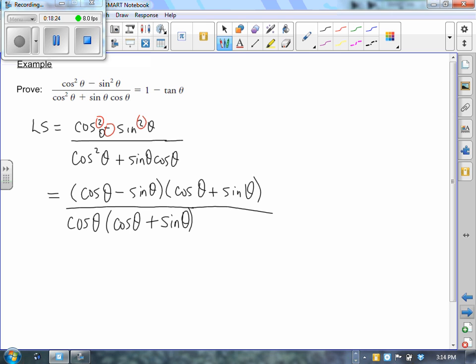The good news here is that once you have factored, and always only after you have factored, can we reduce the expression. That particular part reduces to 1 over 1. So we have canceled those terms. And from there, we can see that the left-hand side simplifies to cos theta minus sine theta, all divided by cos theta.